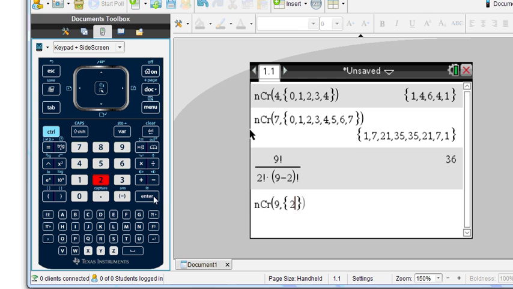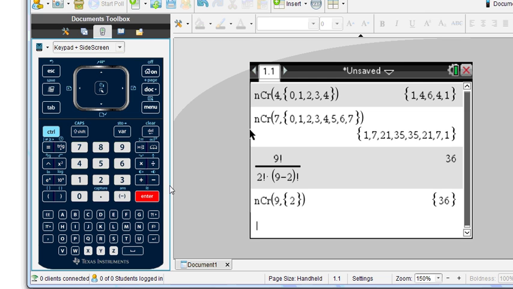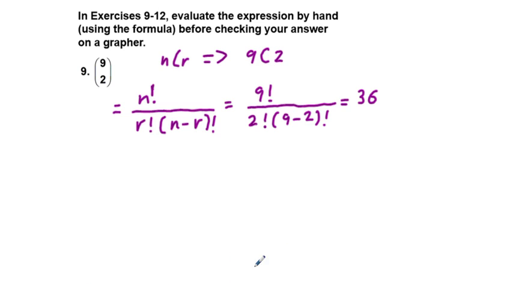So we press enter, we get 36 in brackets, which is a check. So we go up here and we have checked using our grapher. It really wasn't too much easier to do it that second way than it was the first time with the binomial theorem formula, was it?